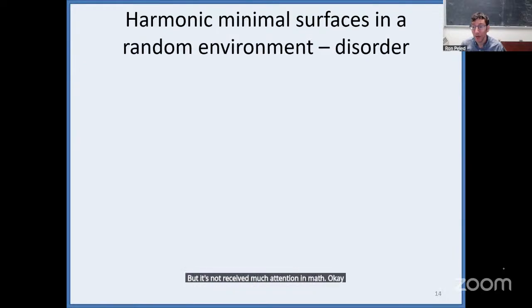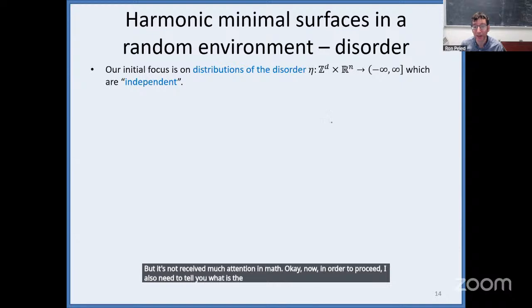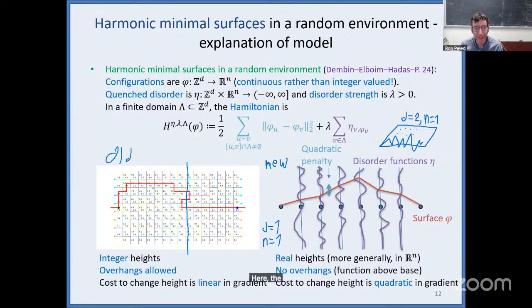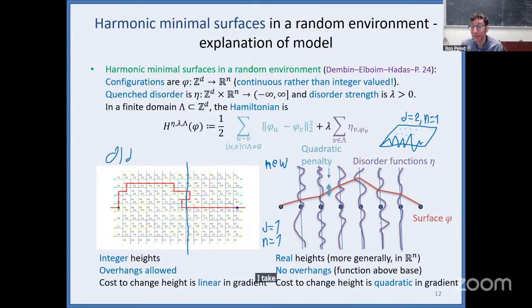Okay, now, in order to proceed, I also need to tell you what the disorder function is, these purple functions here. What is the distribution? Here, the numbers on the edges are independent, IID. I want to make the purple functions IID, but I cannot, since it's in the continuum. I take an approximation to IID.